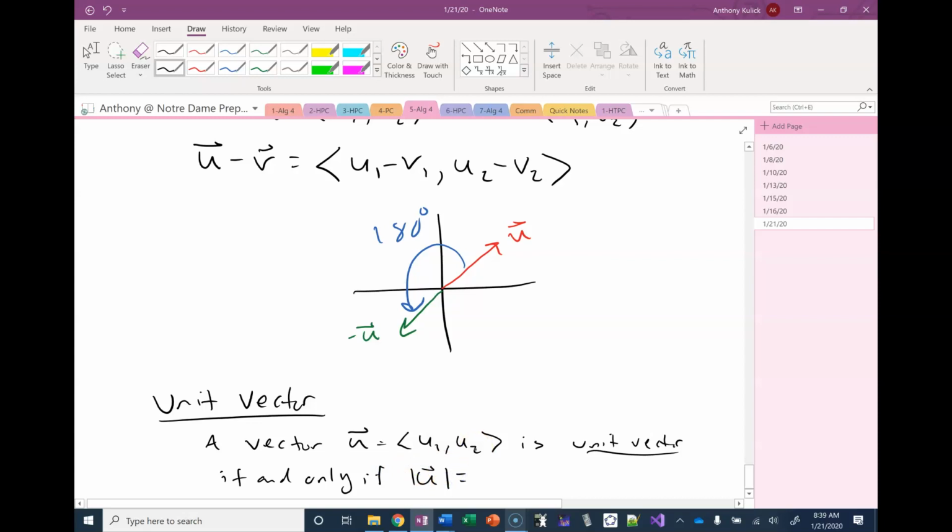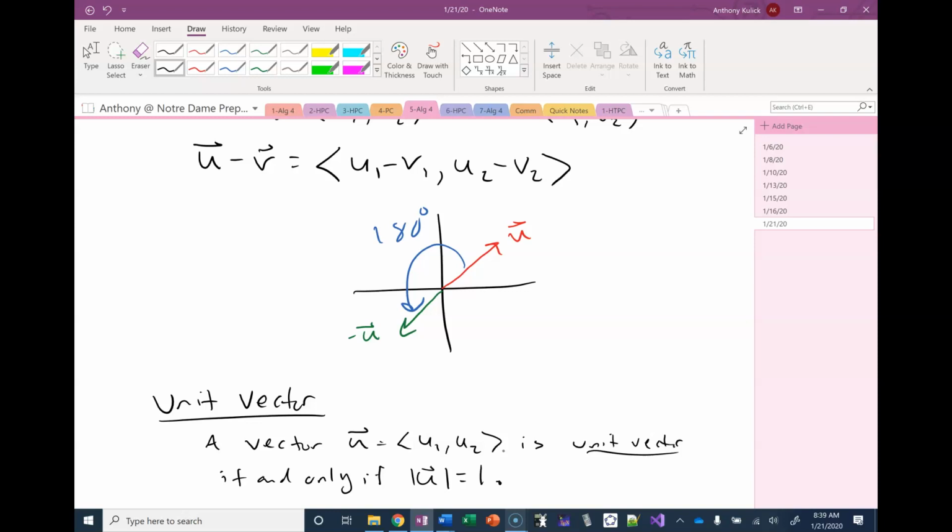So we say that vector u is a unit vector if and only if the magnitude of that vector is 1. So just like the unit circle has radius, how much? 1.